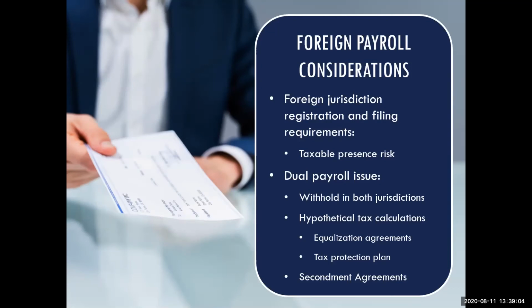And a third option is also to use an international PEO. So that would be a professional employer organization. You may be familiar with those in the US, but they also have organizations that help companies do this globally.